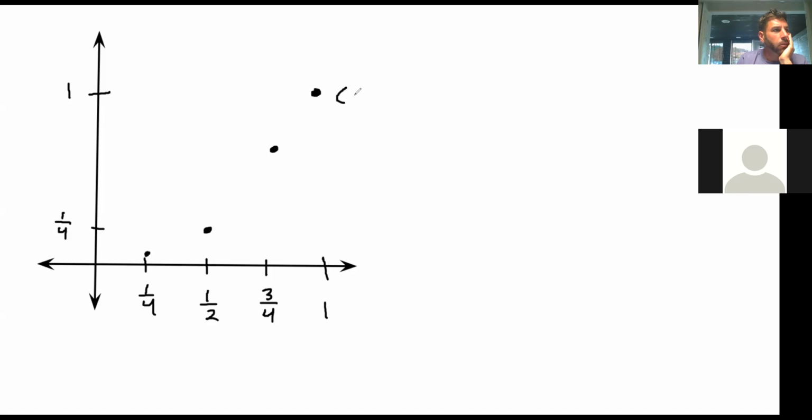This is the point 1, 1. This is the point 3/4, 9/16. This is the point 1/2, 1/4, etc.